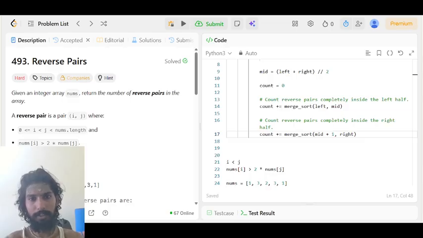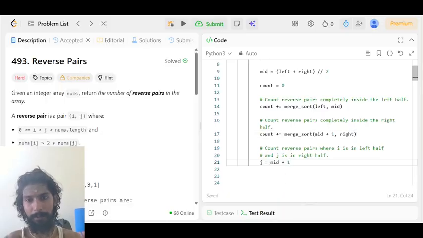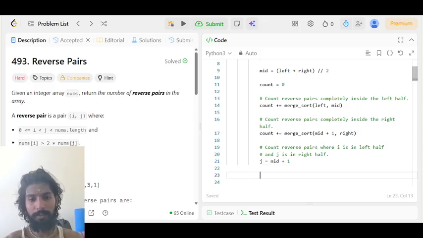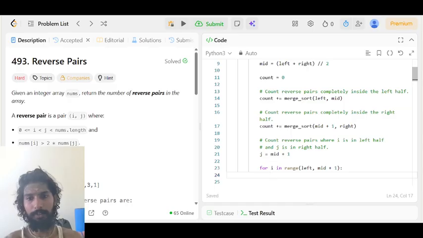Then we count reverse pairs where i is in the left half and j is in the right half. So we are not creating a separate function, but doing it in the same function. So we initialize j equal to mid+1. Then we run i in the left half of the array and j in the right half.